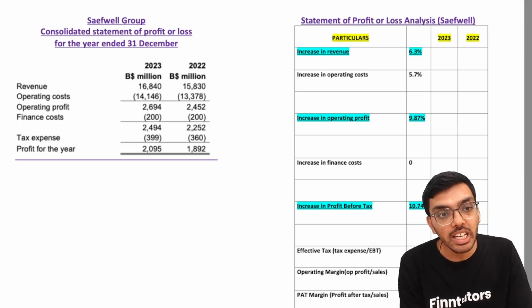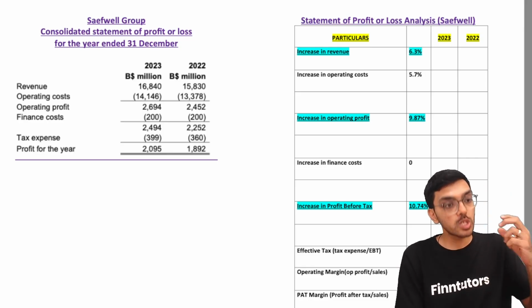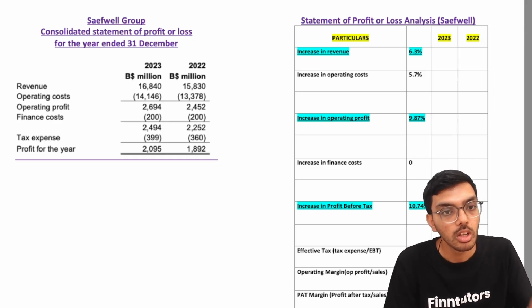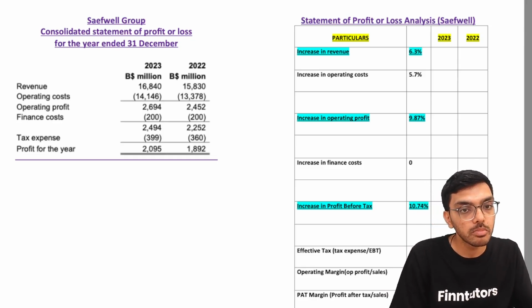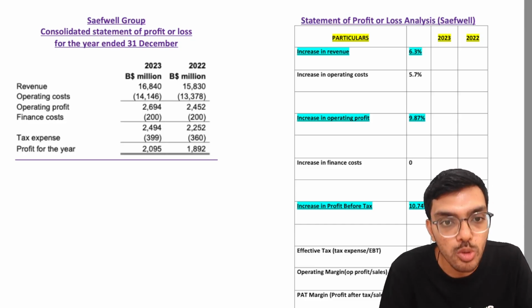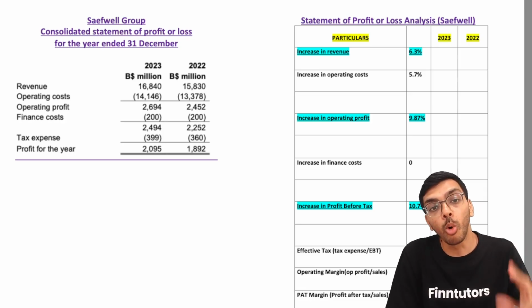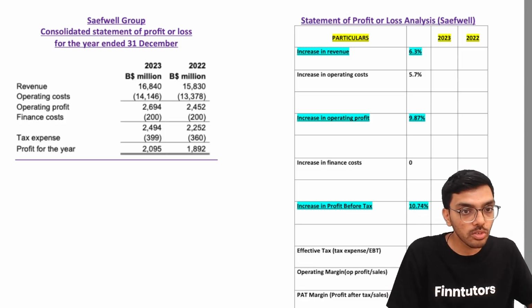Next, the operating costs, the cost to serve or the cost to create that revenue, also went up. But it is good for us to know that the revenue increased more than the costs.